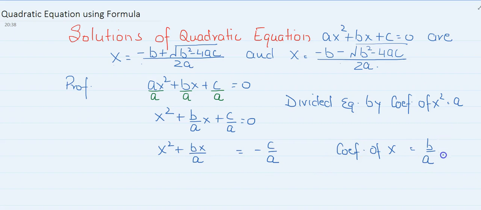We divide it by 2, so it will be b/2a, and then we square it. So that is (b/2a)². As you remember, in the method of completing the square, we divide the coefficient of x by 2 and we square it.